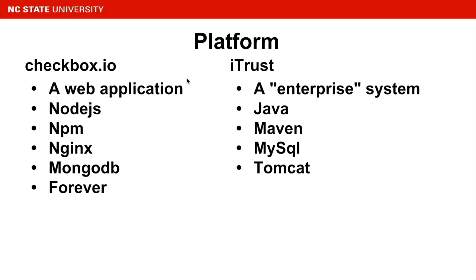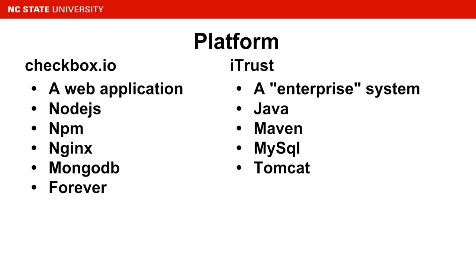There are two programs in our project. The first is Checkbox.io, a web application. We use Node.js as the backend and NPM as the package management tool. We also use Nginx to accept requests from the web and redirect them to the Node backend.